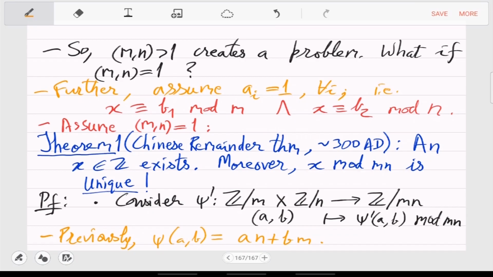In fact, let's keep this B1, B2 because that's our new notation. So it's B1n plus B2m.